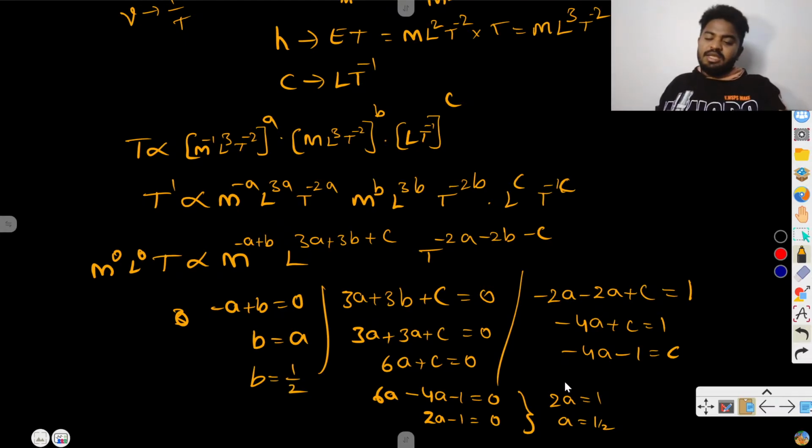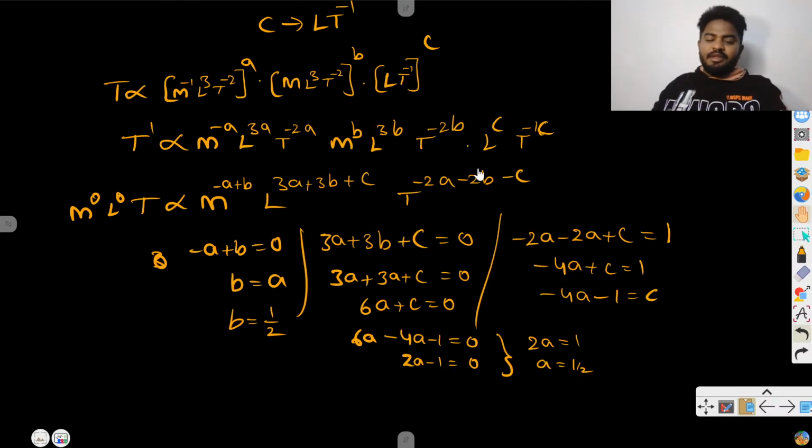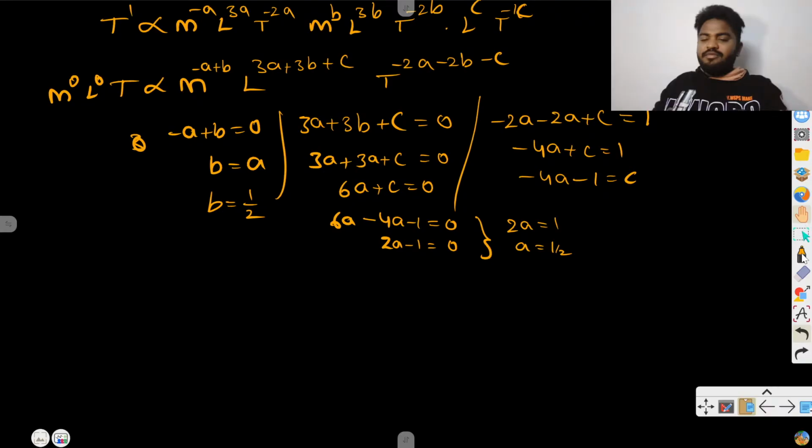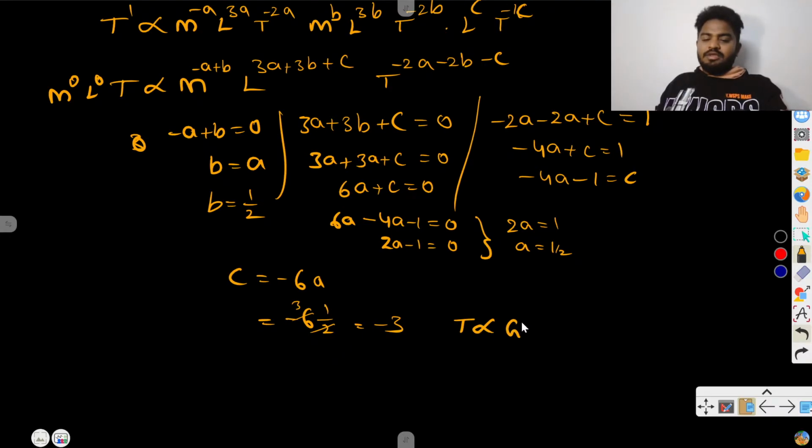Now what about c? If you take c, from this you can substitute. A value is half, b value is half, and c is equal to minus 6a. That means minus 6 into half, which is minus 3. Now what is the relation we got? T is directly proportional to g to the power a, h to the power b, c to the power c.